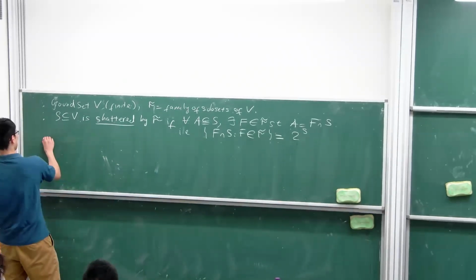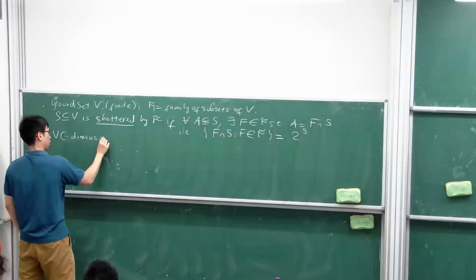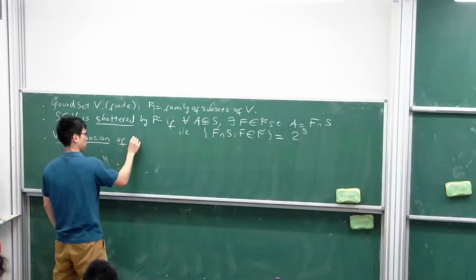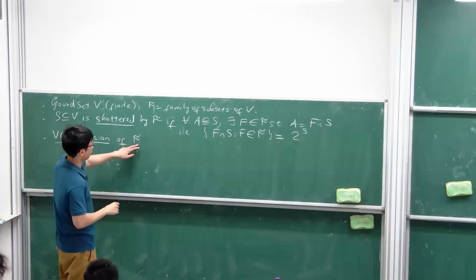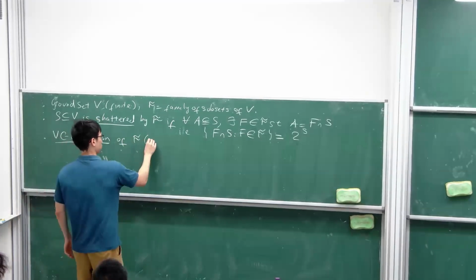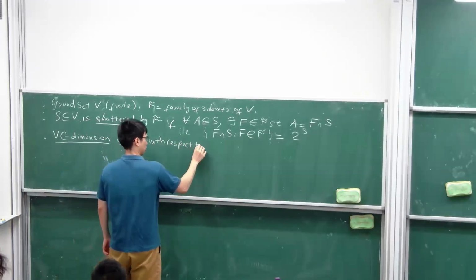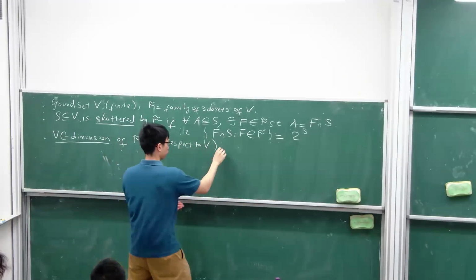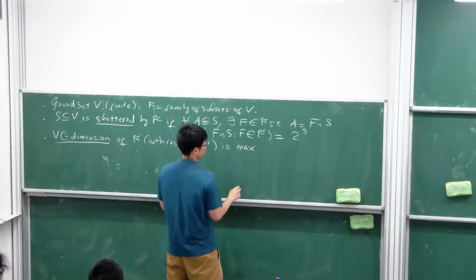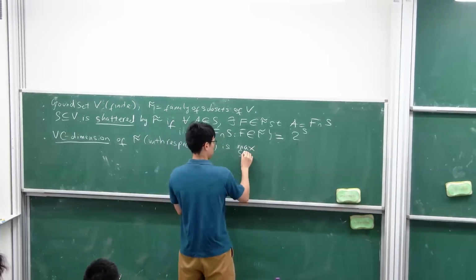And the VC dimension of this family, perhaps I should say with respect to this ground set V, is the maximum size of a subset of V shattered by the family.